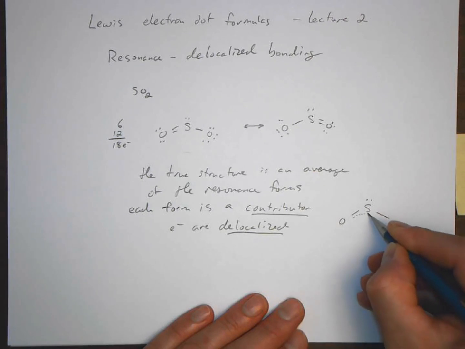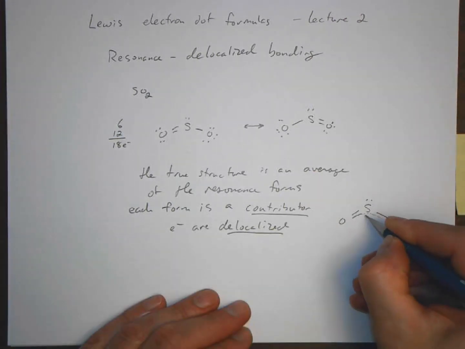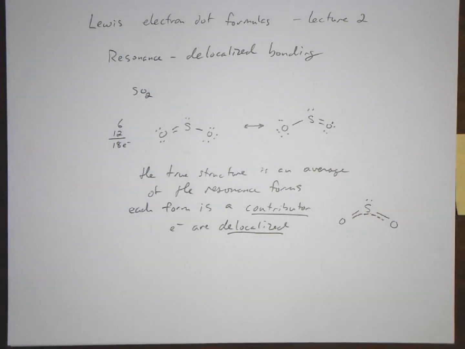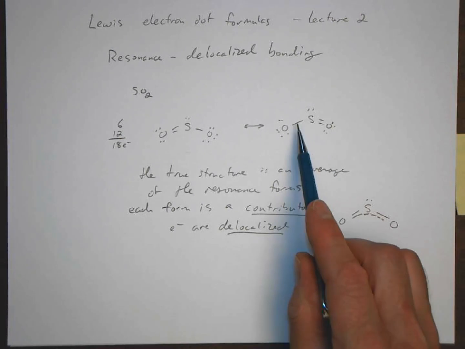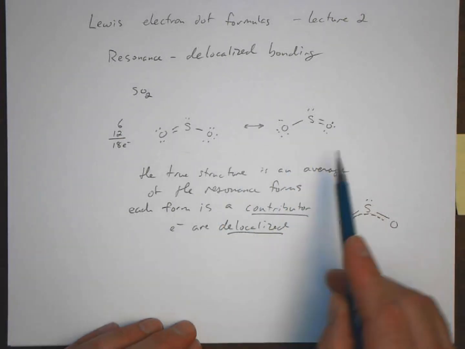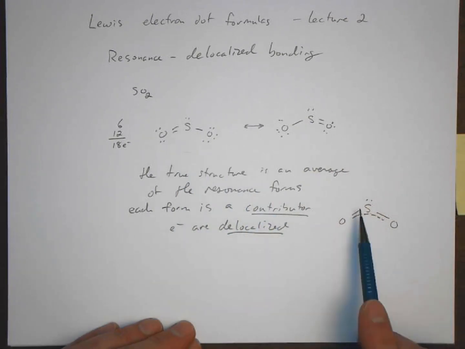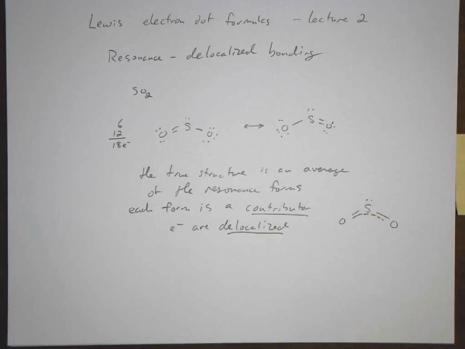It's almost like you have a bond and a half between the sulfur and the oxygens rather than a single bond and a double bond. The true structure of the SO2 is an average of these two. Most of the time in chemistry, and what you'll see with organic chemistry next year also, it's good to be able to draw it as one or the other.